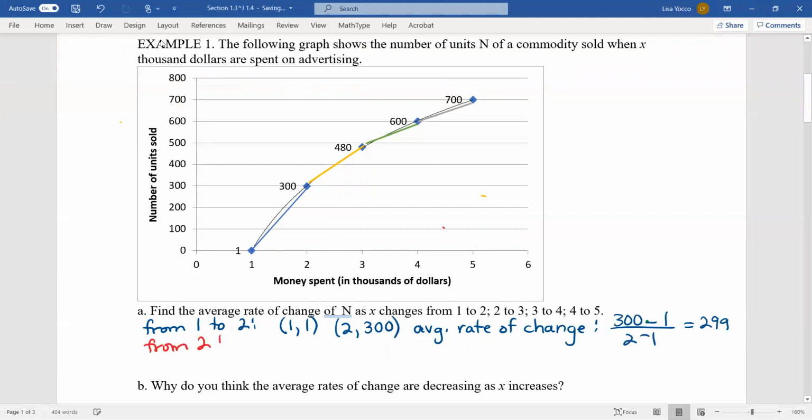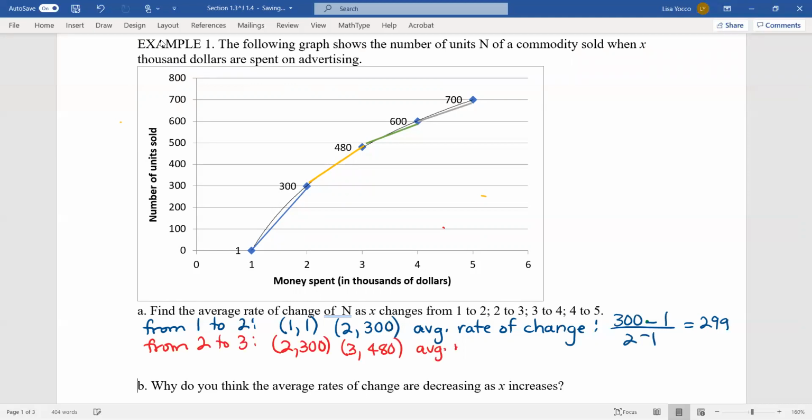Okay, from 2 to 3. All right, so that would be between the points 2, 300 and 3, 480.